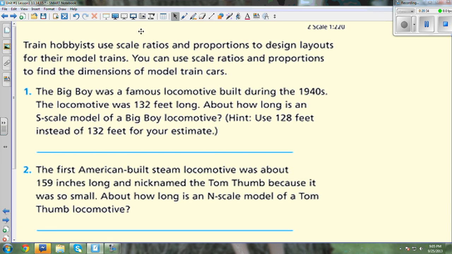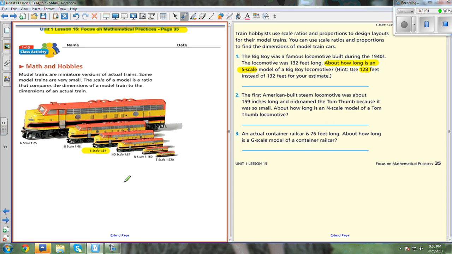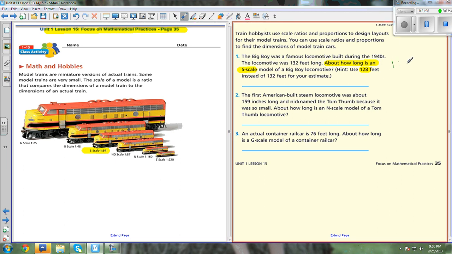Okay, so in this problem, it's saying about. It's picking 128 because 128 works better with the other numbers that you need to use from S scale. And because it says about, you don't have to have the exact answer. The S scale is 1 to 64.